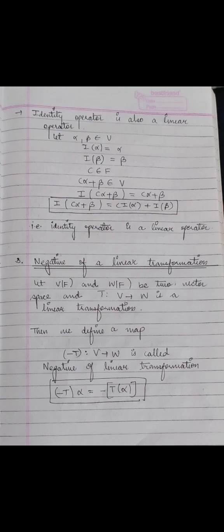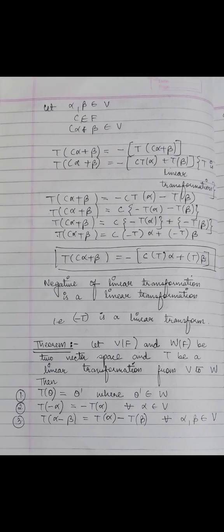Then we define a map −T: V → W, called the negative of the linear transformation, where (−T)(α) = −(T(α)). When α, β belong to V and c belongs to F, then cα + β belongs to V. Then (−T)(cα + β) = −T(cα + β) = −(cT(α) + T(β)), since T is a linear transformation.